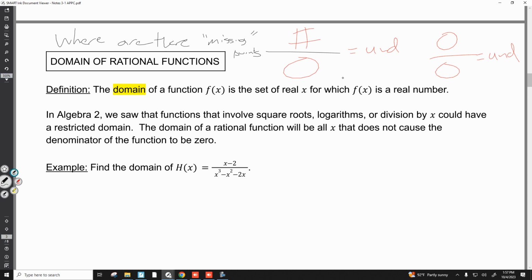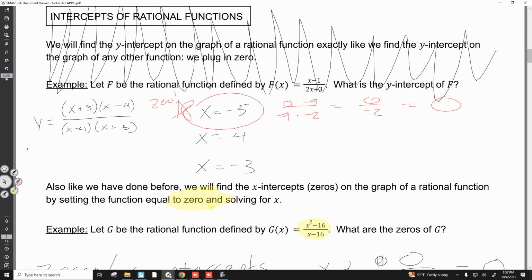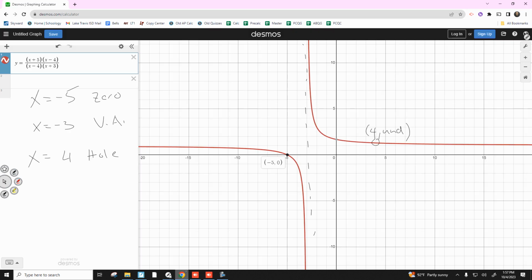And when you have a 0 in the denominator, you have a missing point. You don't have to flip back. I'm just going to show you. X equals 4 and x equals -3 put zeros in the denominator. That means I don't have defined function values at 4 and -3. Let's look. At 4, you saw an und. That is a missing point. I don't have a defined value at 4.